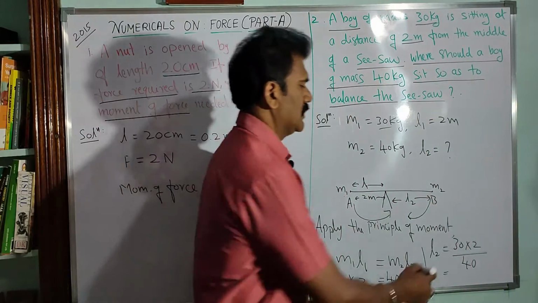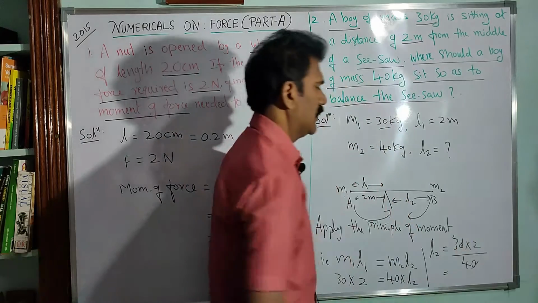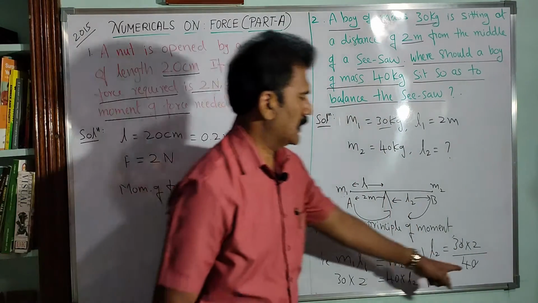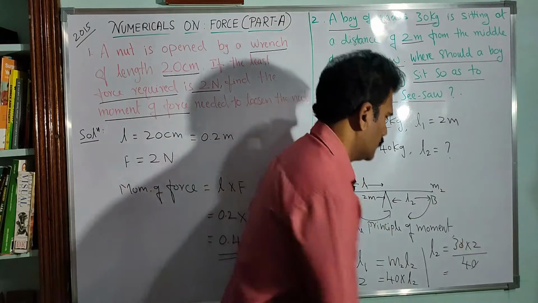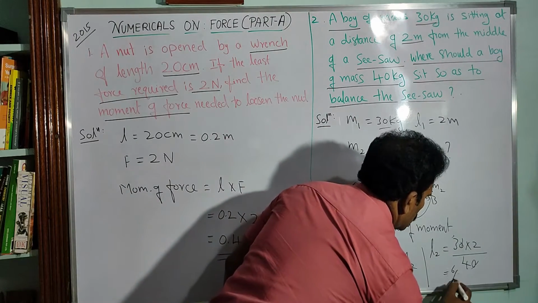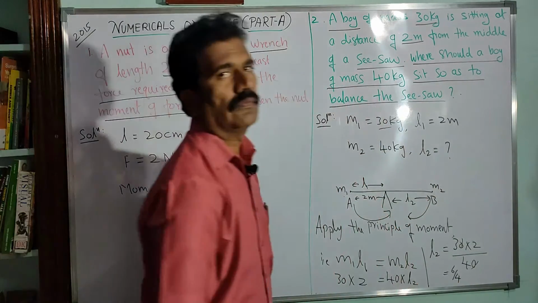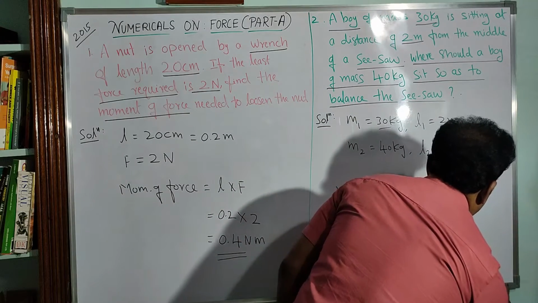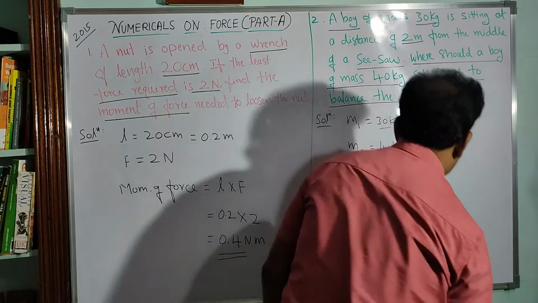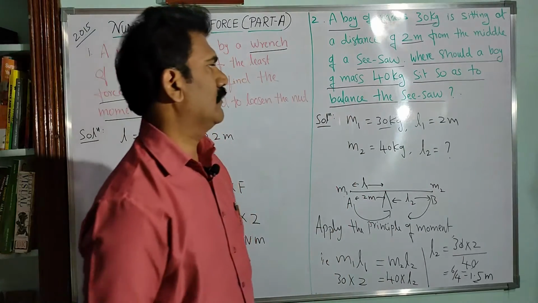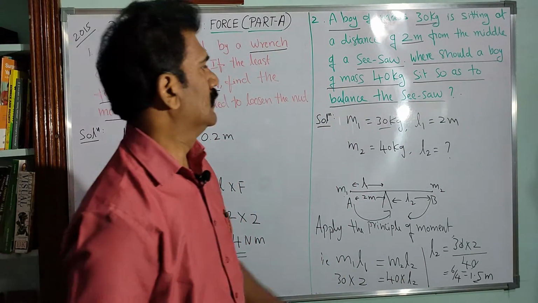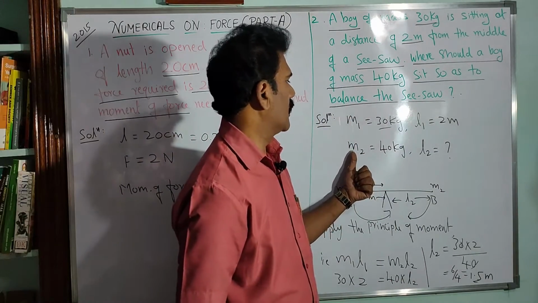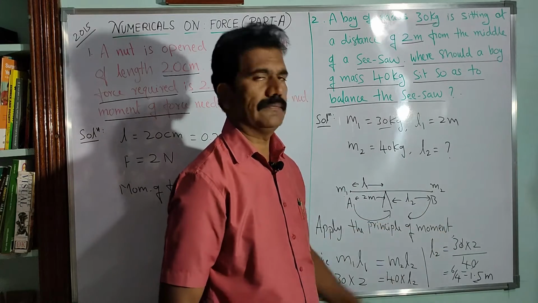We can cancel the 0, 3 into 2 is equal to 6, 6 by 4, so 1.5 meter. So at a distance of 1.5 meter, the other boy of mass M2 should sit.